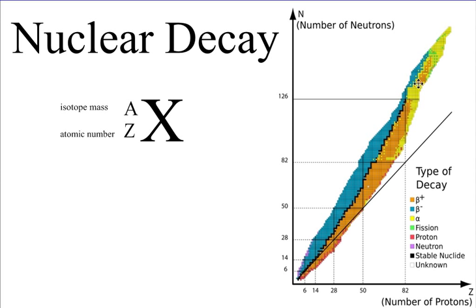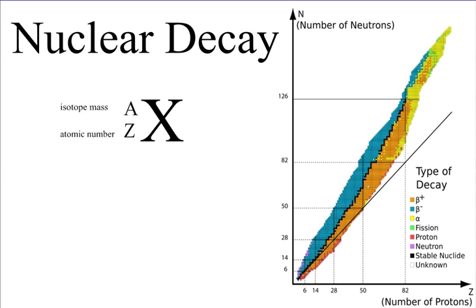Lastly, elements that are above the 84 mark will undergo a third type of decay in order to become less heavy. So there are three main types of nuclear decay that you'll need to know.